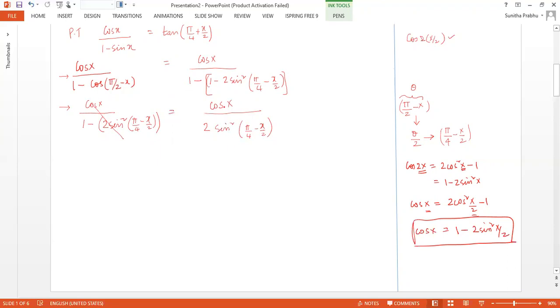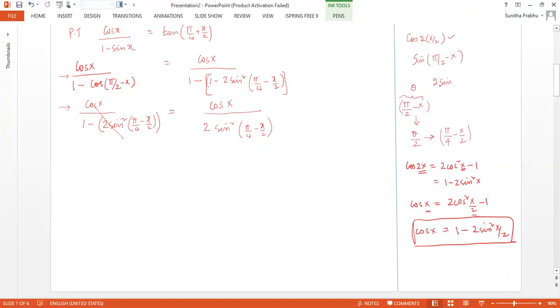Here, this cos x, I can write it as sine of 90 minus x, right? And this, I can take it as sine 2 theta. So sine 2 theta is 2 sine theta cos theta.